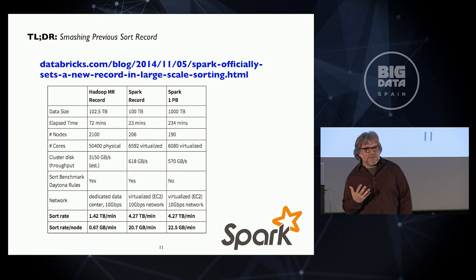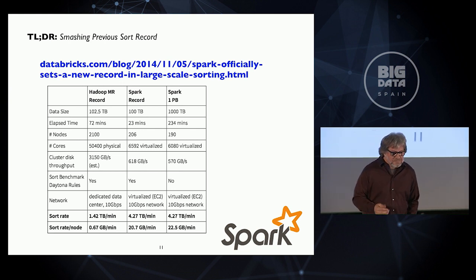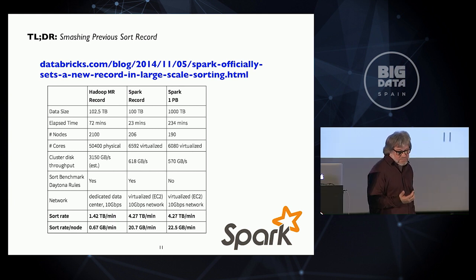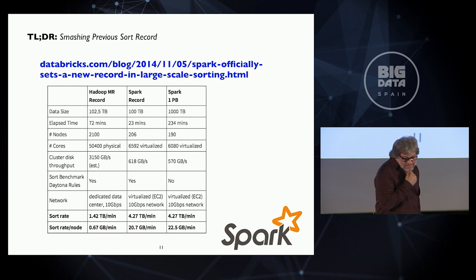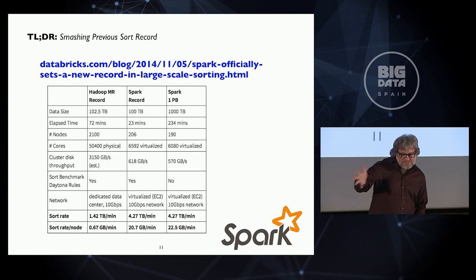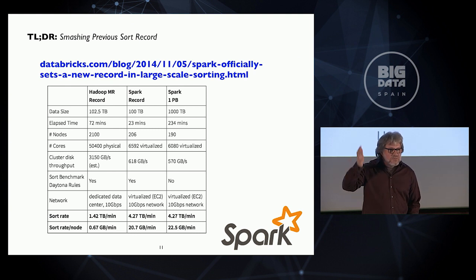Previously, Yahoo had held the world record using Hadoop, but the Spark team was able to go in and recreate those results, running 3 times faster, using a significantly smaller cluster of machines. So it's about a tenth of the size of the cluster. And across the board, you see this 3x to 10x, 30x improvement on most of the metrics.